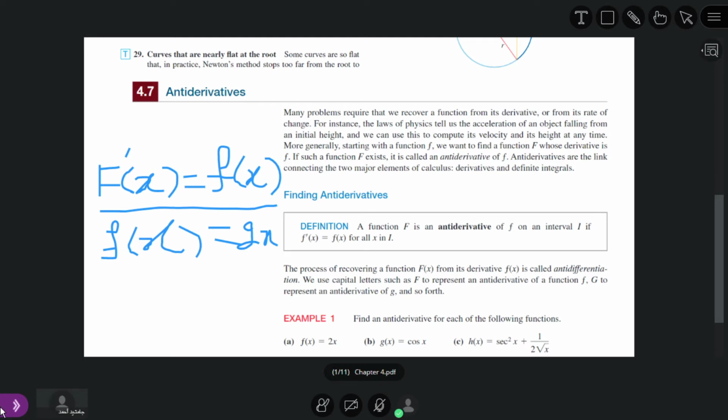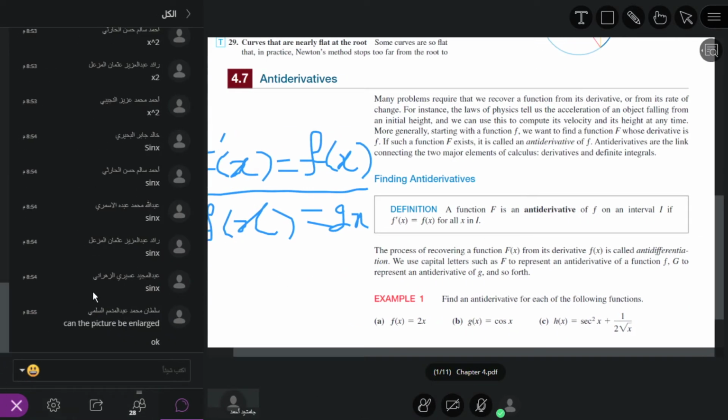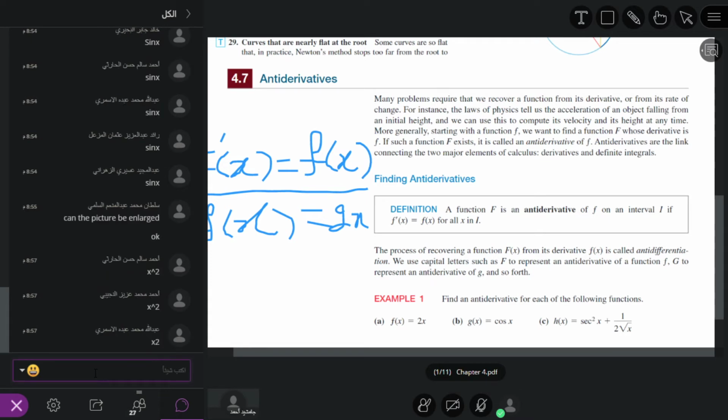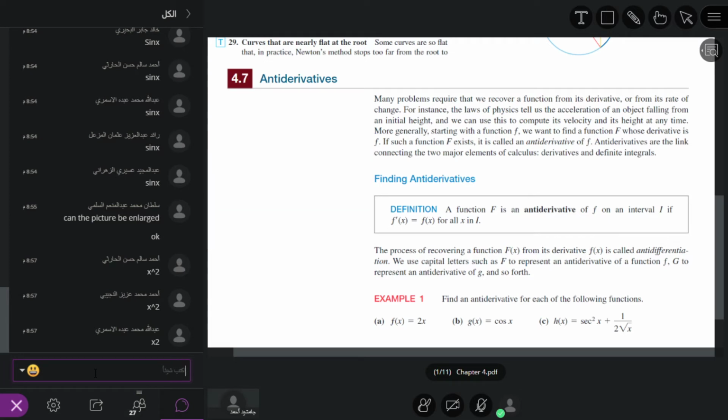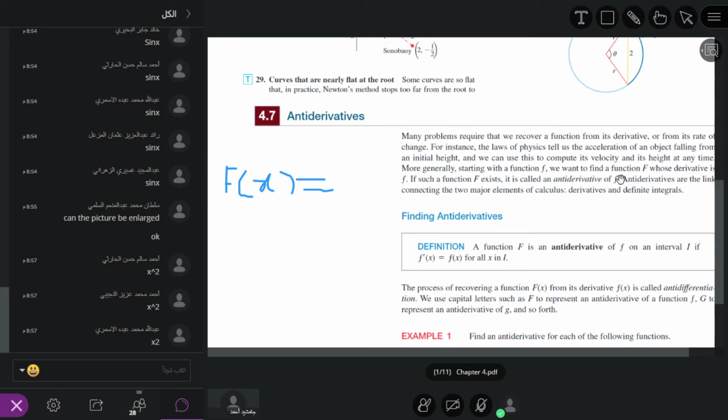I repeat, what is the antiderivative of 2x? X squared. Yes. So the answer is capital F of x is equal to x squared.